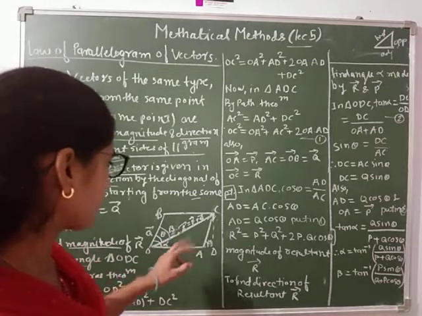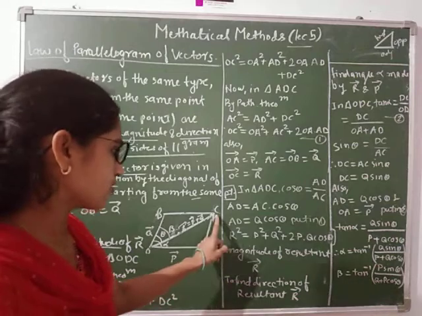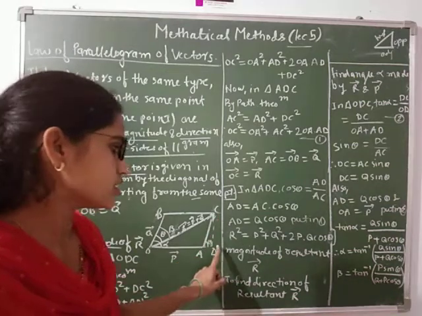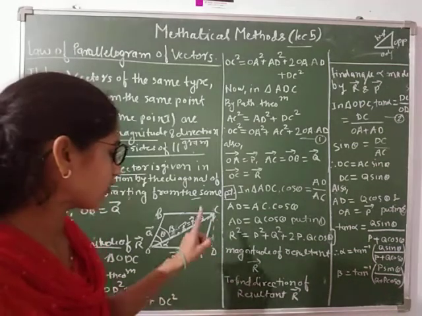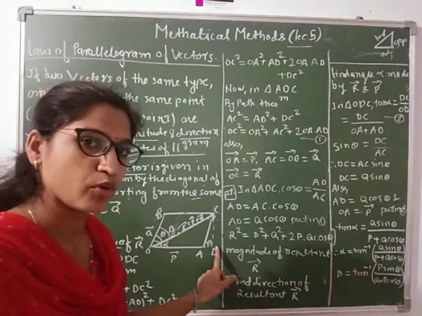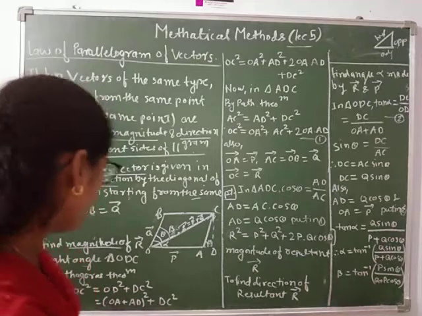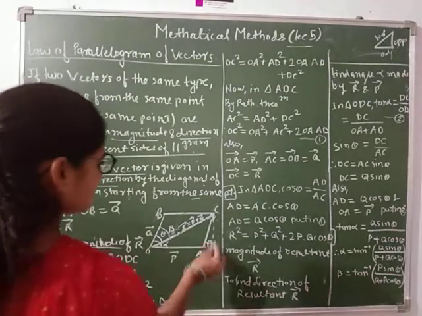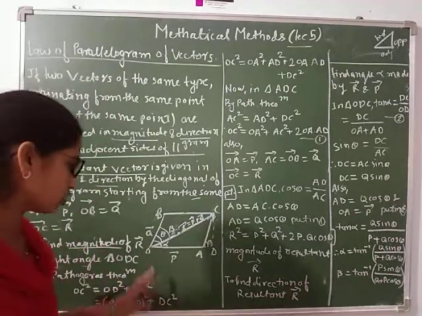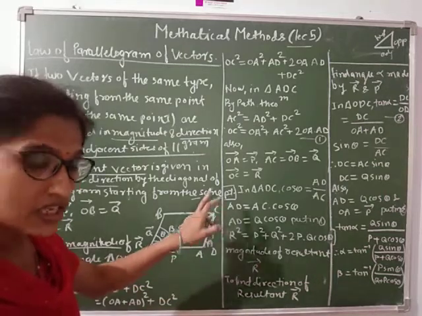To find the magnitude of vector R, let's draw a perpendicular from C to OA, which meets at point D, making an angle theta with OA. Now in triangle ODC, by the theorem of Pythagoras, OC square is equal to OD square plus DC square.